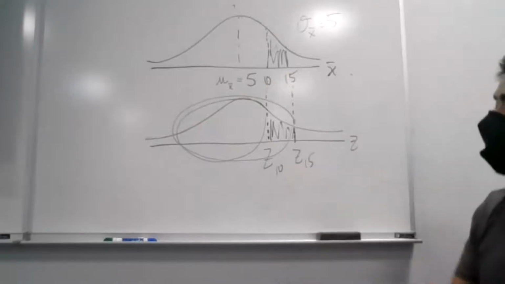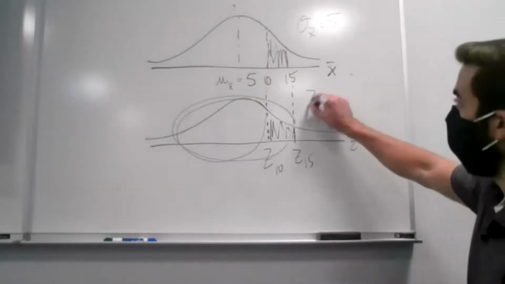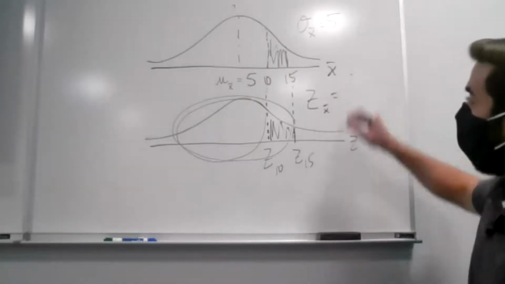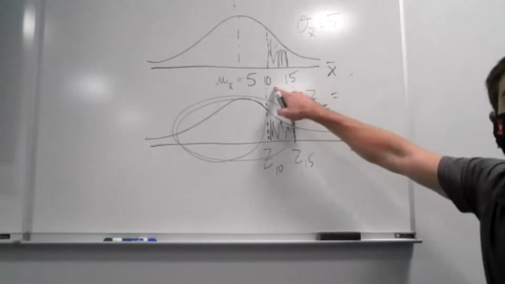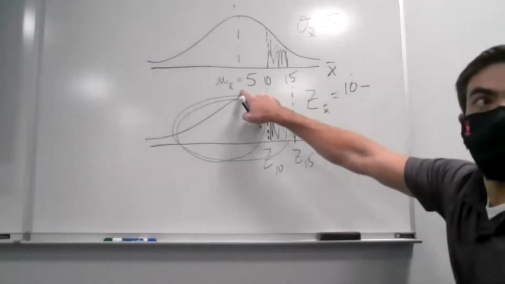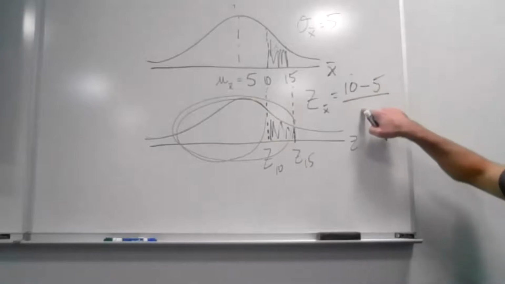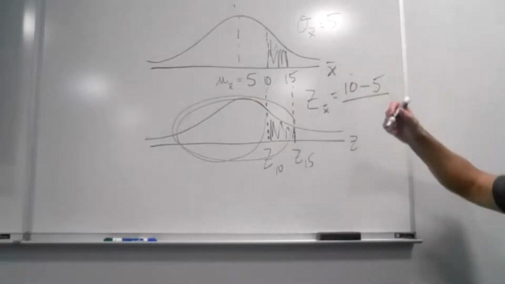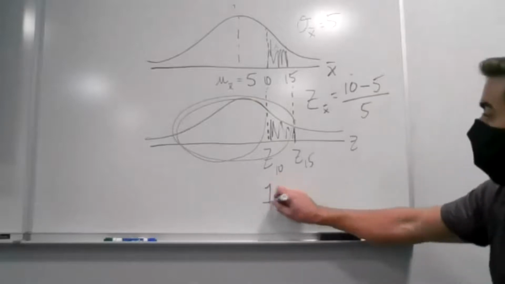Now, how do I find these actual z-scores? What we could do is take that cutoff value I'm interested in, 10, subtract the mean of my sample means, which is 5, divide by the standard deviation of my sample means, which is also 5, and I get a z-score of 1.